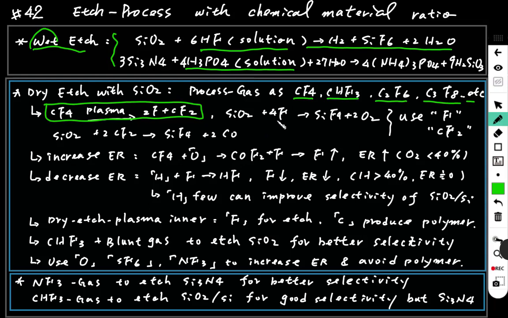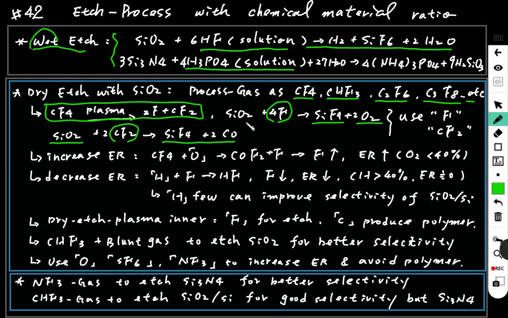And silicon oxide with F, chemical reaction to become this and this to etch. Also in the meantime, silicon oxide meet CF2, separate to this.